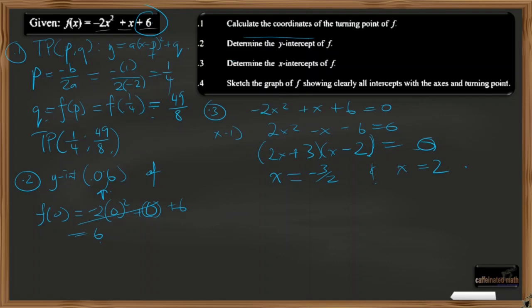Right, sketch the graph showing clearly all intercepts with the axes and the turning point. So let's just see if we can clean up the screen slightly. There we go.